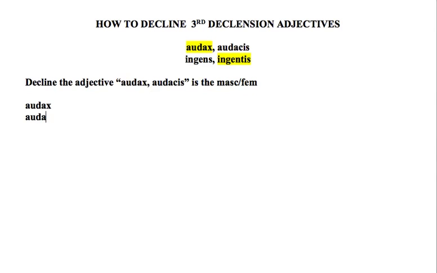We begin by writing the nominative and genitive forms, which are given to us in the vocabulary. And then we proceed by writing the base, and to the base we're going to add the appropriate ending.